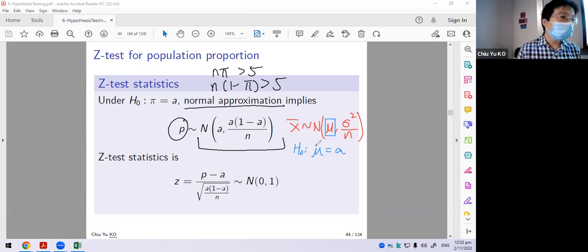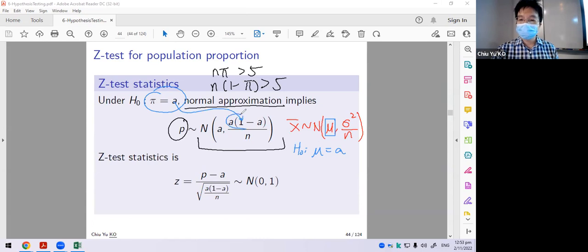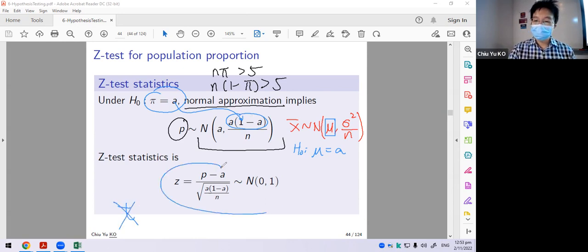But for binary data, once you make an assumption on the population proportion, which is pi, you automatically get one thing for free because the variance is this guy, right? So for proportion, you don't need to worry about the t. The good thing about proportion binary data is you get the variance for free. You don't need to estimate that. Is that clear?